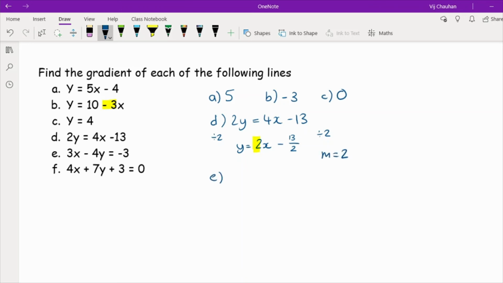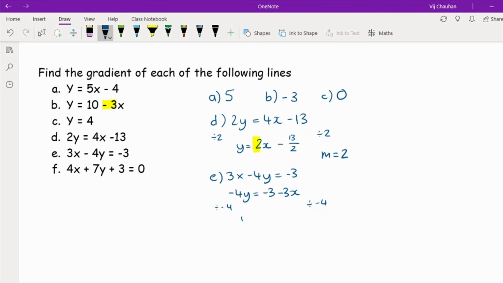With E, as you can see, I've got 3x minus 4y equals -3. What I need to do is rearrange the formula to make y the subject. So I've got minus 4y equals -3 minus 3x, and then I'm going to divide both sides by -4. And there we go.